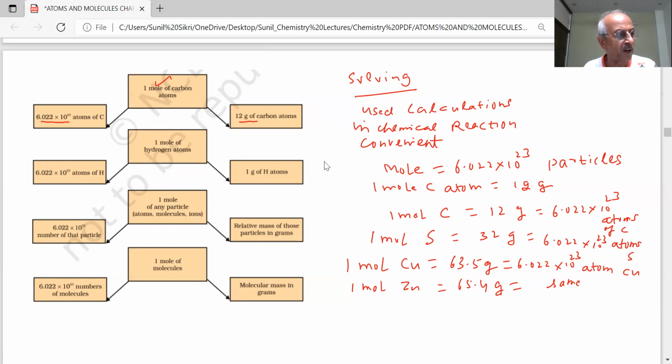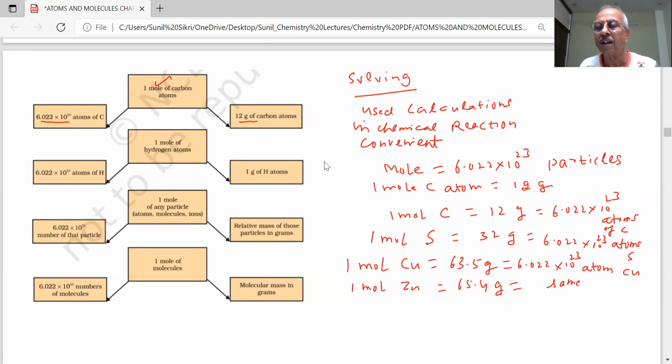And you will see in the periodic table, on the atomic weight scale, there are some elements which are very, very heavy. If I give you 1 mole, you will find its weight is very heavy, because their atomic mass is very high and large. If I put 1 mole of different substances, they will weigh different amounts.